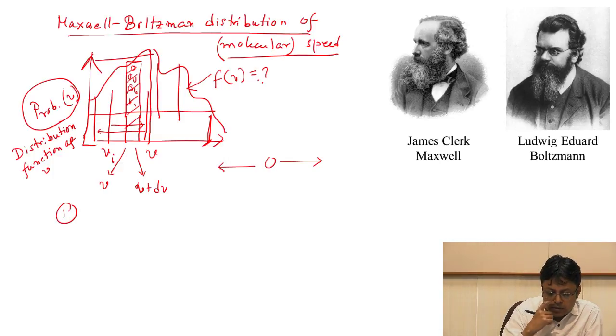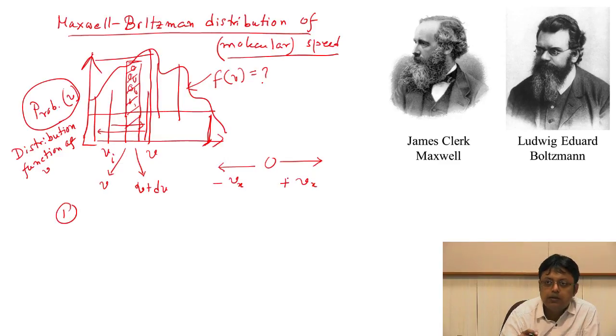Now, first we will calculate the velocity function, and then we'll go to the speed function. We'll make sure that we are calculating a distribution which is independent of the direction. That will give us the speed distribution. So what I'm saying right now is that the molecule should have equal probability of going in this direction versus this direction.